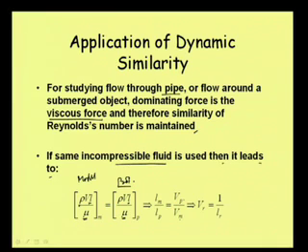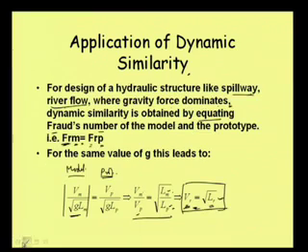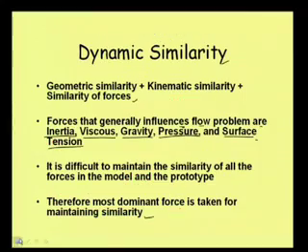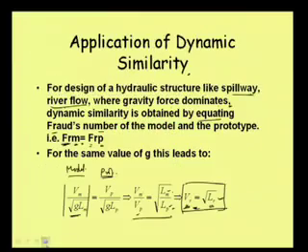Well, what does it indicate? We know that V p by V m is nothing but the velocity ratio, and L m by L p is, that means, just the reverse. We are talking about L m by L p as the length ratio, as we referred to earlier.